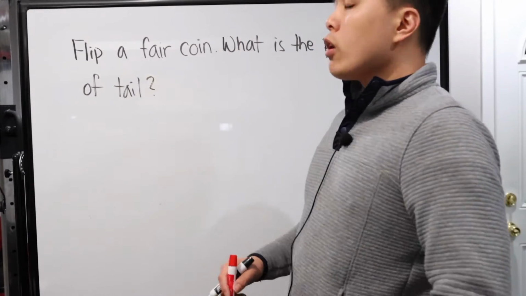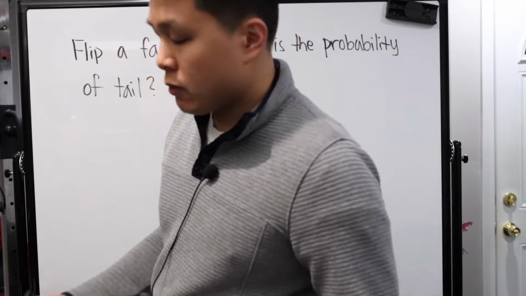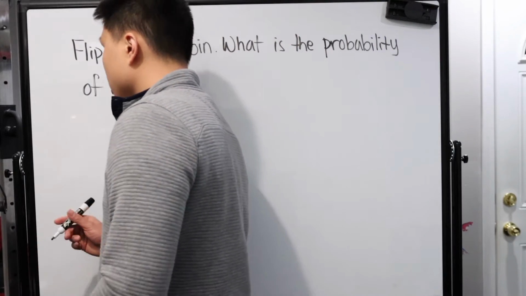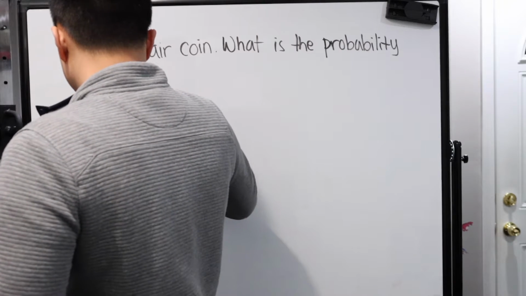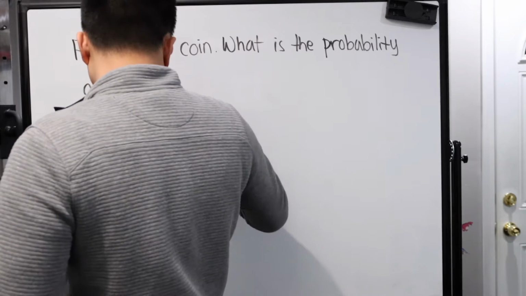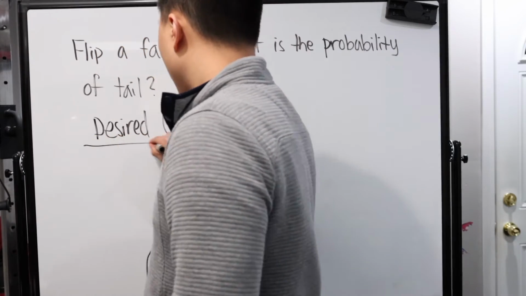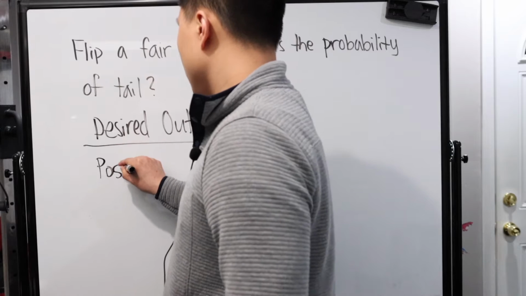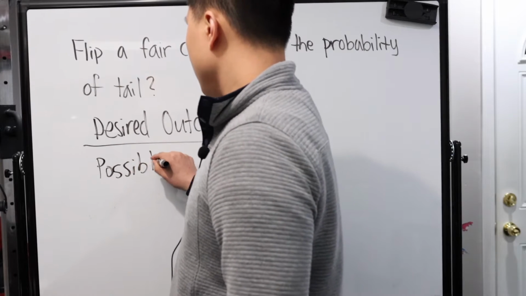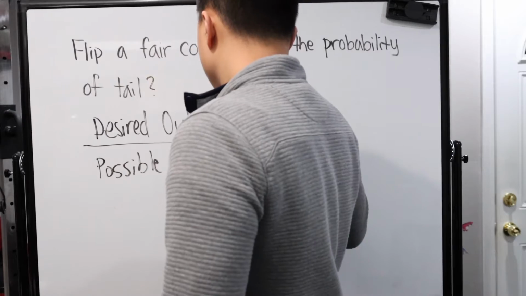Now, what is probability? Well, the basic concept of probability is very simple, right? It is basically your desired outcome, so what you want to happen, over all possible outcomes. So as you can see, that's why there is a certain counting element to it, but maybe not nearly as severe.